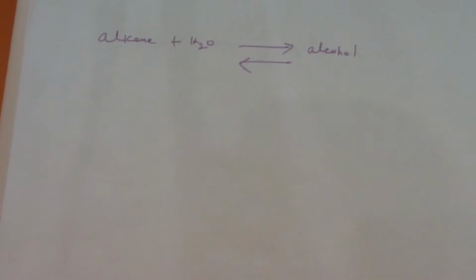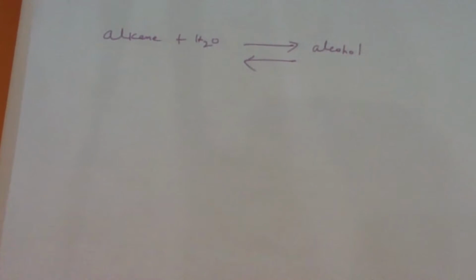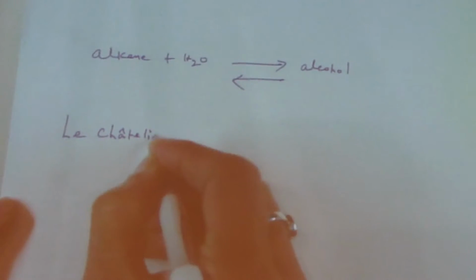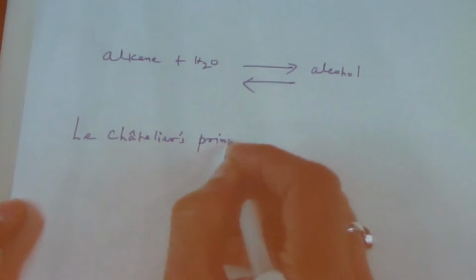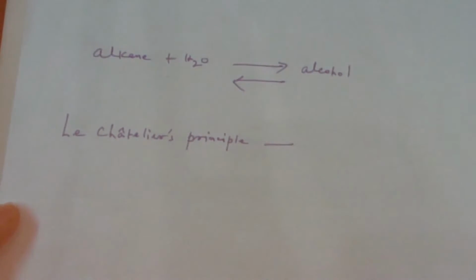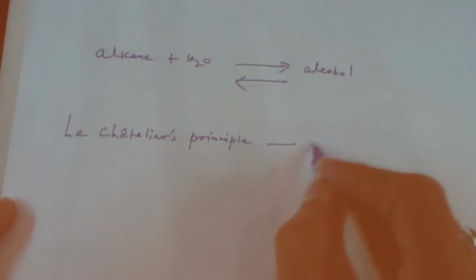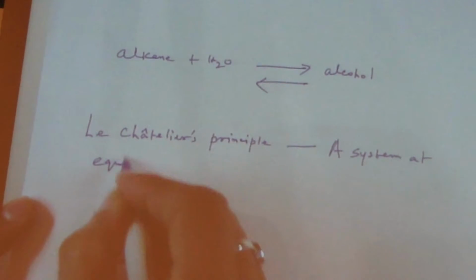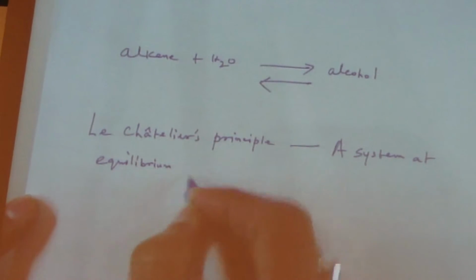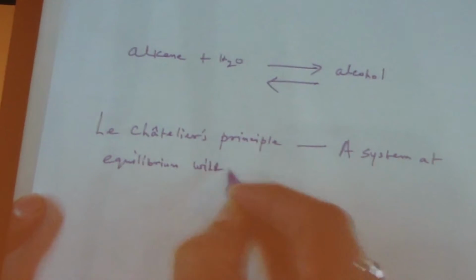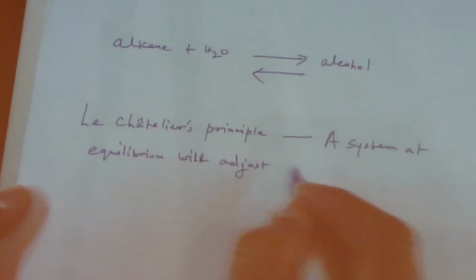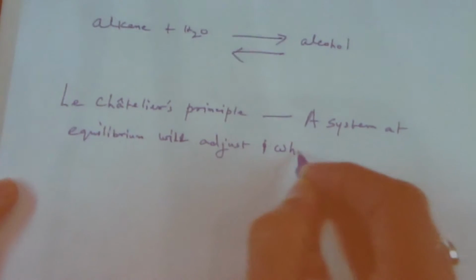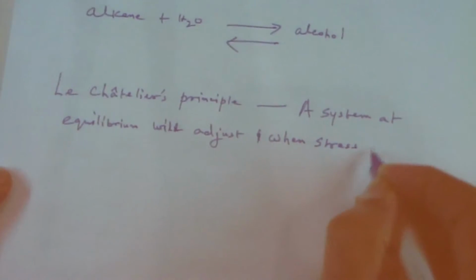And how you manipulate that was predicted a long time ago by a French chemist called Le Chatelier, who suggested that a system at equilibrium will adjust when stress is applied to it.